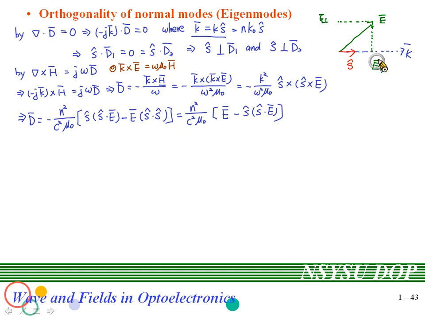And the component of E which is parallel to k can be expressed as what? Let us see. Here, s dot E means the projection of E in the s direction.